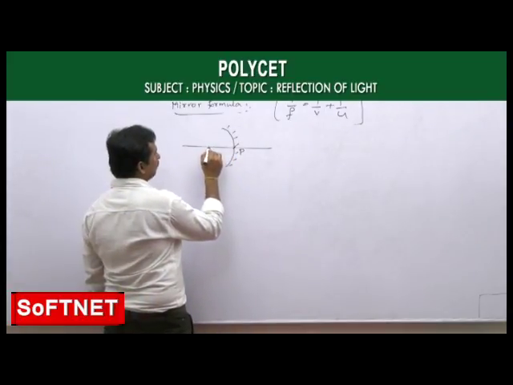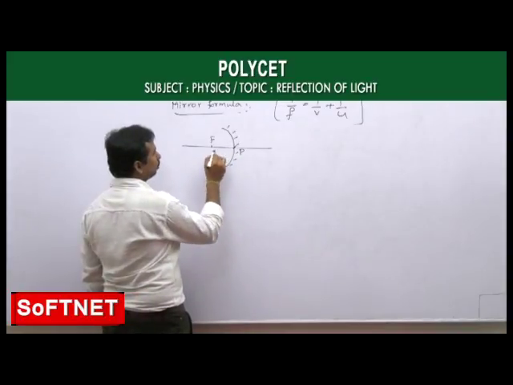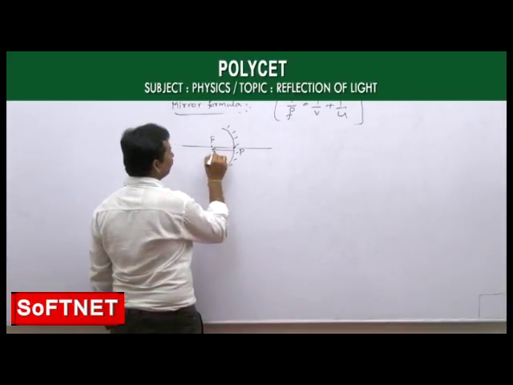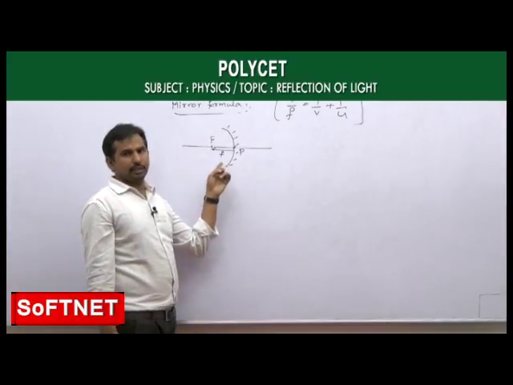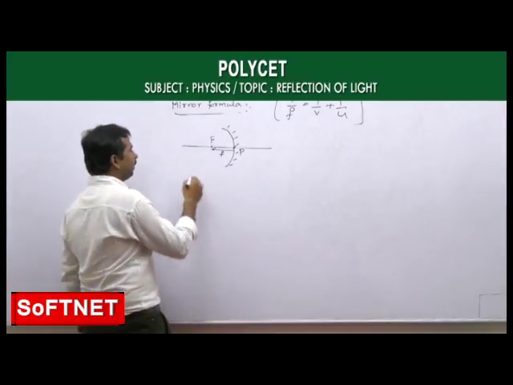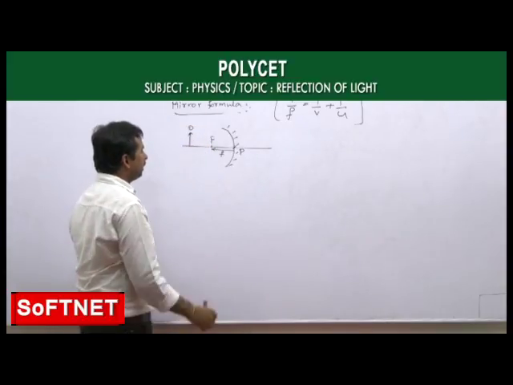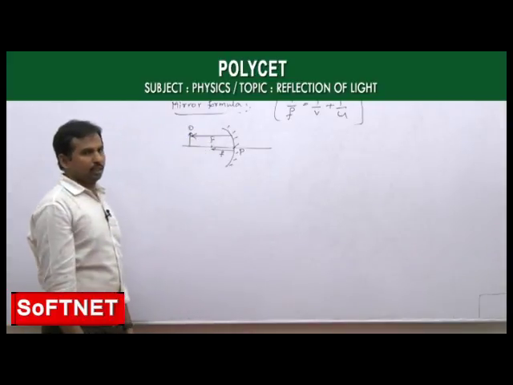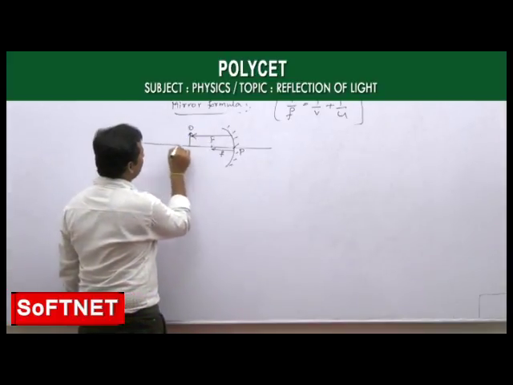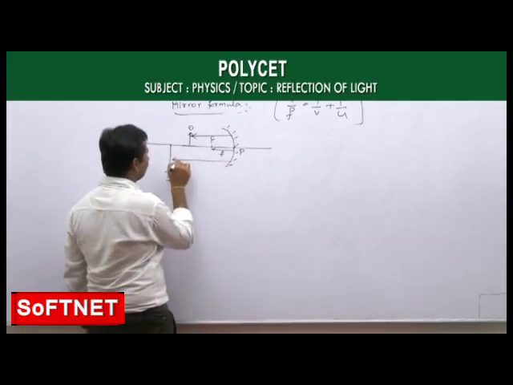Suppose the focus position for the concave mirror is here, then we have to measure the distance starting from the pole. This is the focal length distance. In the same way, if this is our object, then the object distance also we have to measure starting from the pole. And not only that, the image formed here, this also we have to take starting from the pole.